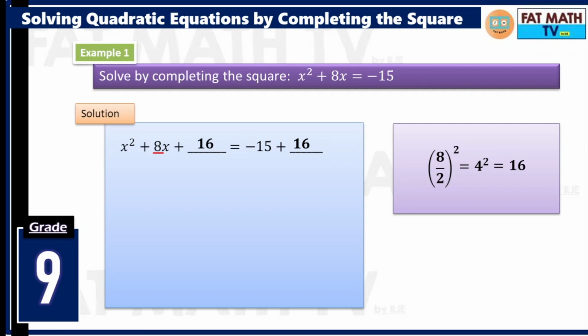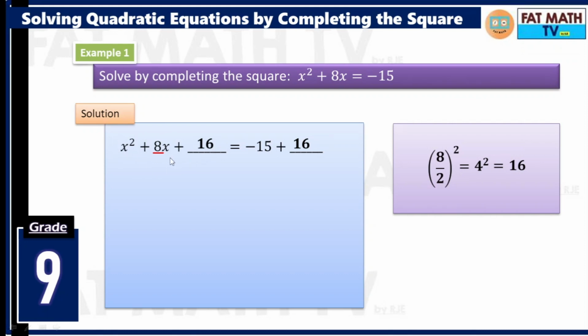Okay, after that, what are you going to do? You have to factor the left side of the equation. So x squared plus 8x plus 16 is now a perfect square trinomial, wherein if you factor this, the factors are x plus 4 and x plus 4. So it's a perfect square trinomial.